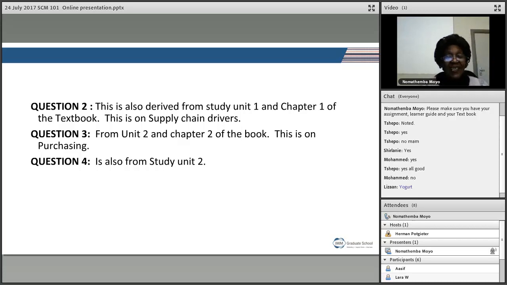Question 4, which is the last question, is also from Study Unit 2. It reads, question 4.1, with regard to sustainable purchasing, discuss 6 ways in which purchasing can contribute to society. How does purchasing contribute to society?